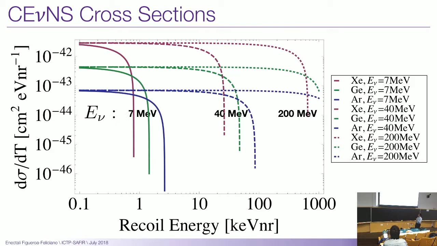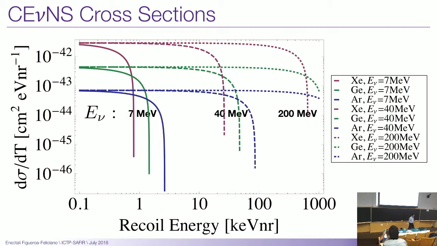And then as you change the energy, a 7 MeV neutrino is going to give you around 1 keV or lower recoils. A 40 MeV is going to give you kind of 100 keV, and a 200 MeV is going to get up here. So you see that we're looking at the right range of recoil energies where we're actually looking for dark matter.